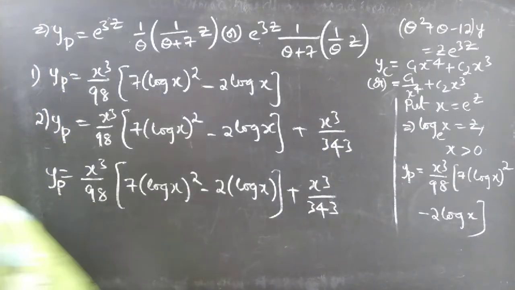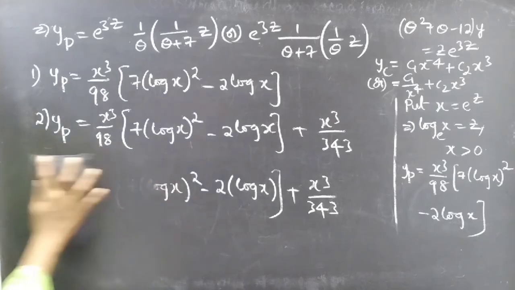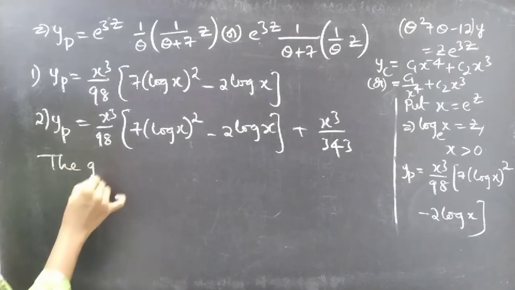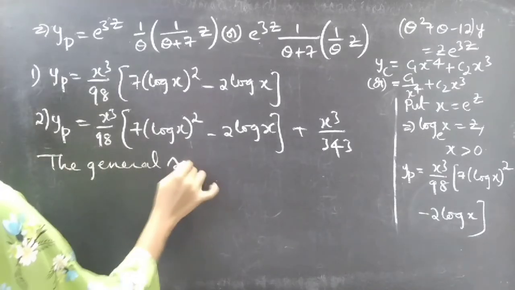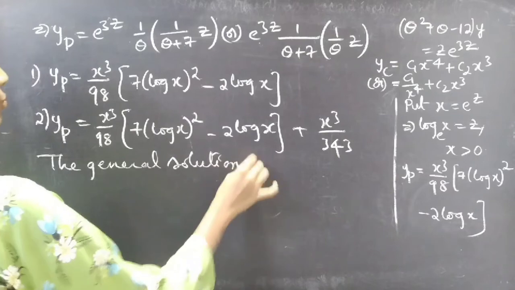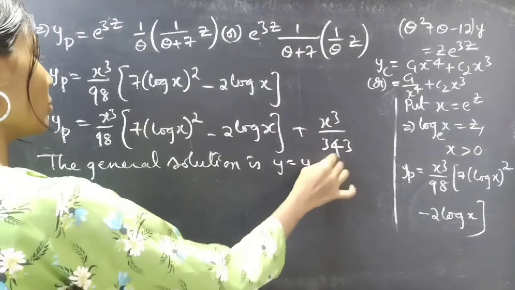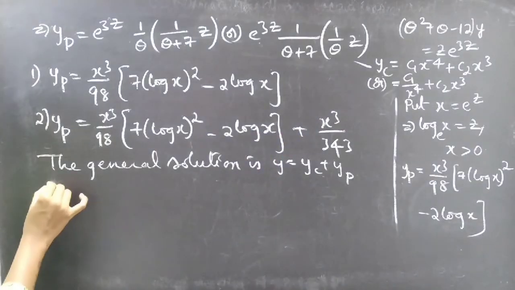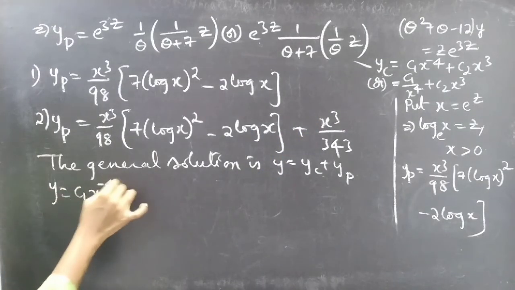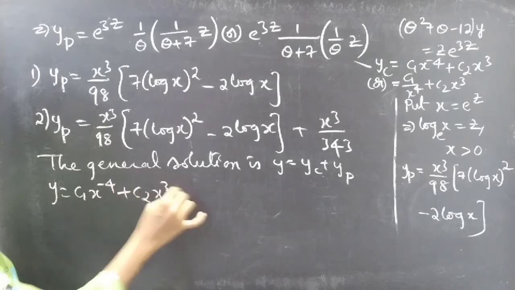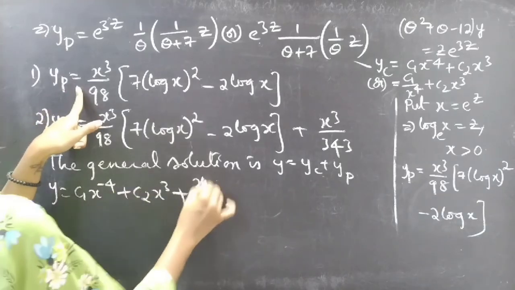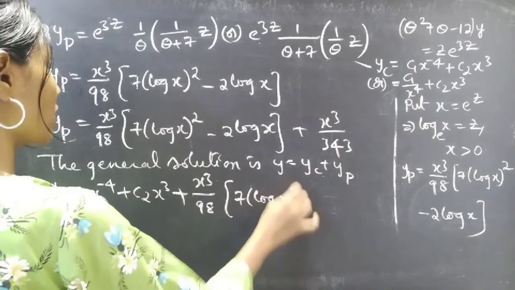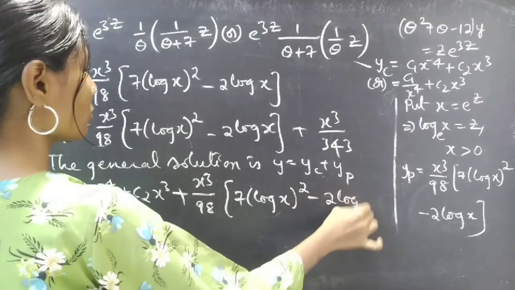So we got yc and yp. Let's write the general solution. The general solution is given by y equal to yc plus yp. I'll pick the first yc. Then I'll get y equal to c1 x power minus 4 plus c2 x cube plus, for the first yp, x cube by 98 into 7 (log x) whole square minus 2 log x.